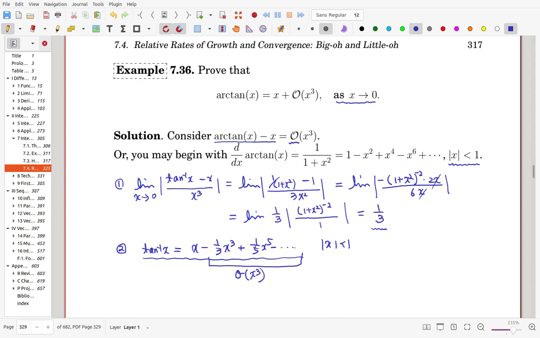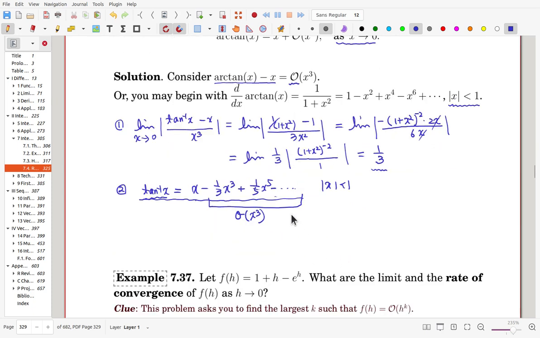You can easily check that once this portion is divided by x cubed, only 1/3 will remain, and the other parts have at least x squared, so they are approaching 0, right? So we can say that arctangent of x is x plus big O of x cubed. Either way, you can prove that.